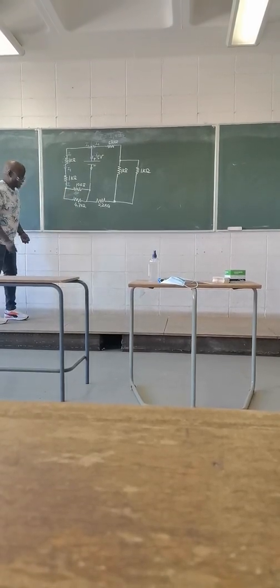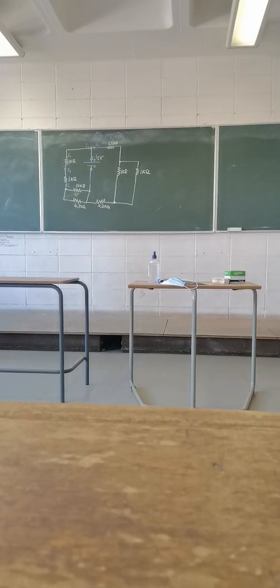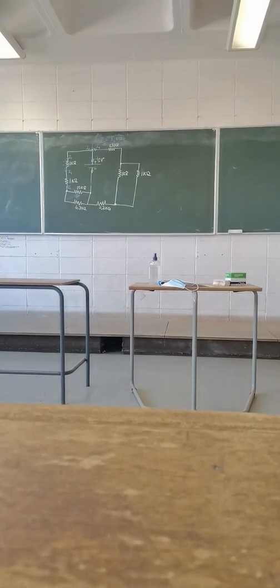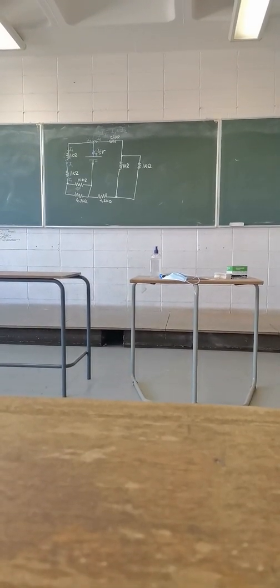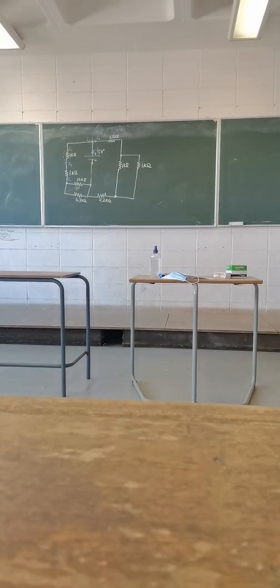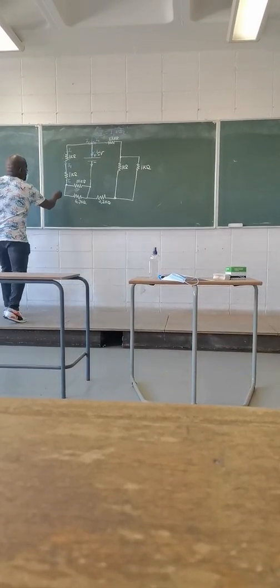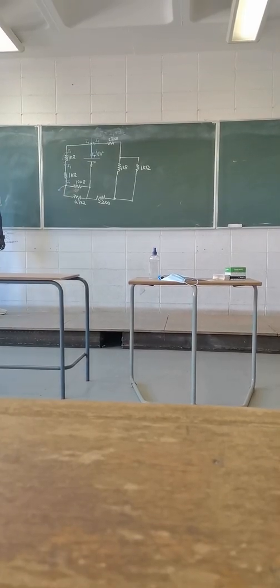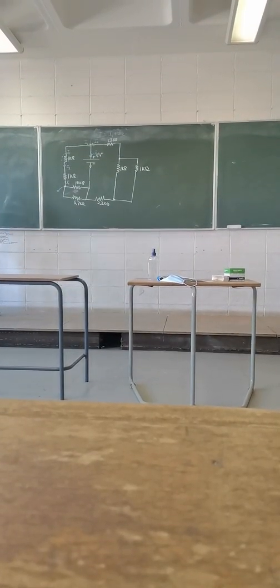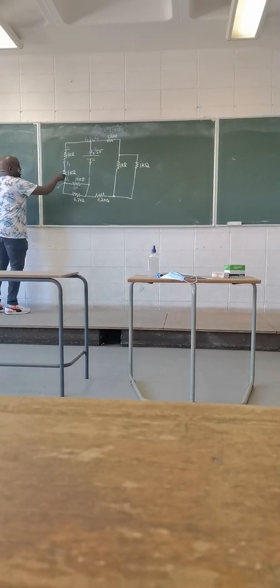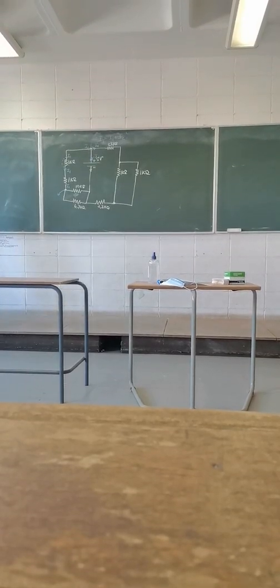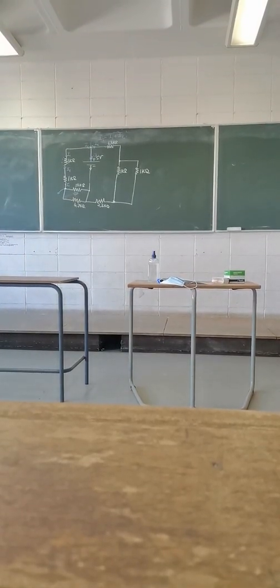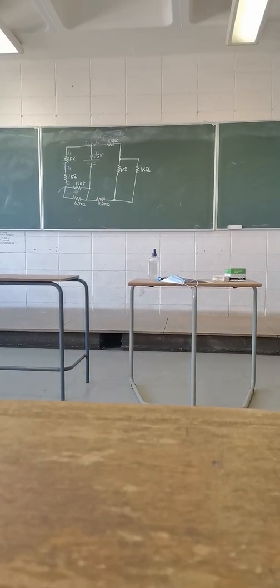Now, once it sees a junction, what happens? It's going to split, isn't it? Which means on this junction, what is going to happen on this junction? The current entering the junction is what?